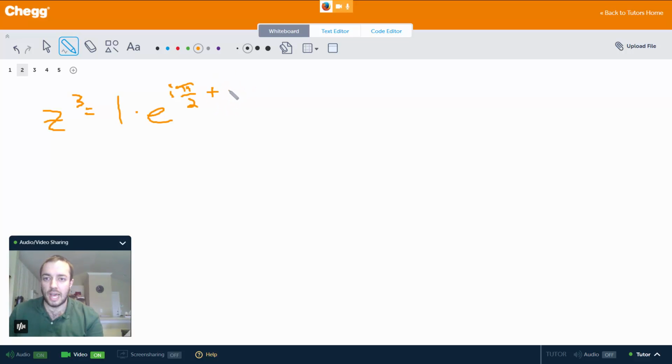So now I want to add plus 2n pi i, where n ranges from 0 to 2. Now first of all, what are we doing here? Let's answer the question, why does n go from 0 to 2? Here, we're solving the equation z to the third power equals all this stuff here. Because we have the 3 up here, that tells us that n has to go from 0 to 2.